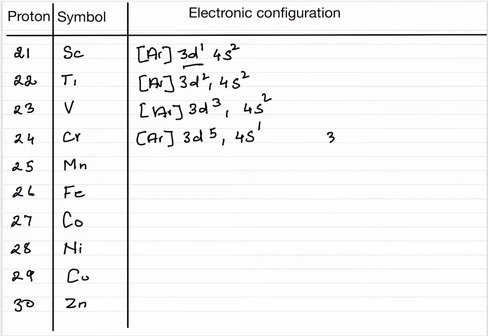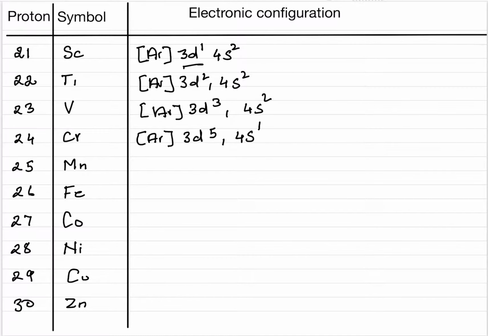Instead of writing 3d4 and 4s2, we are writing 3d5 and 4s1. This is because the 3d5 4s1 electron arrangement is more energetically stable. So therefore we write this. So this one is not correct, so we can rub this. I hope you have understood it.